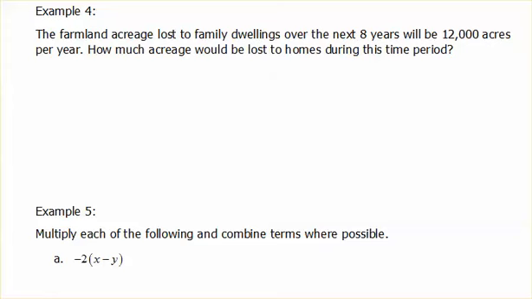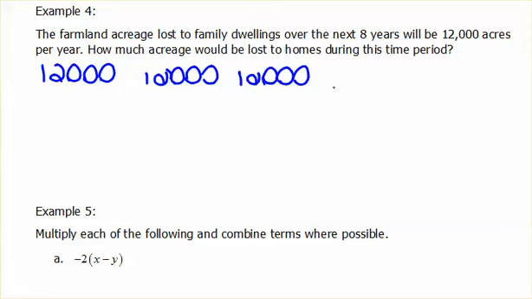Do you think this is going to be an addition, subtraction, multiplication, or division problem? Well, if we kind of thought it out for a minute, for the first year they would say 12,000 acres would be lost, and then for the second year 12,000 acres would be lost, and then for the third year 12,000 acres would be lost, and so on and so on for 8 years.